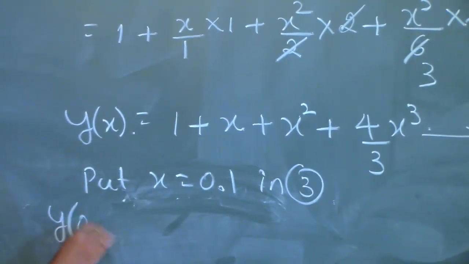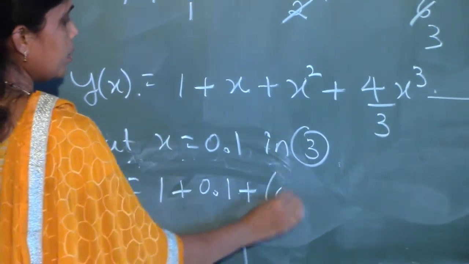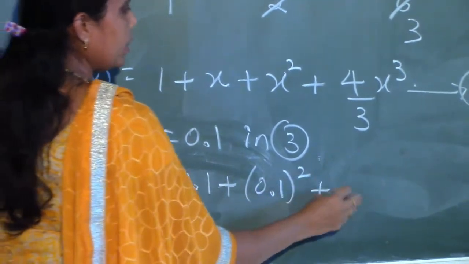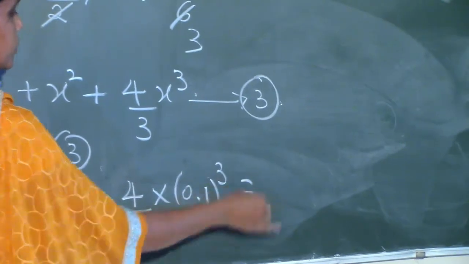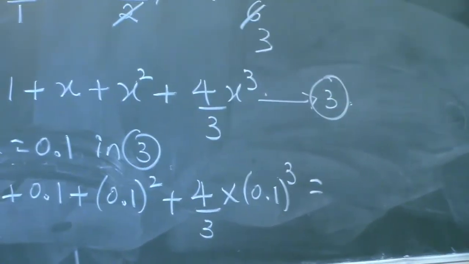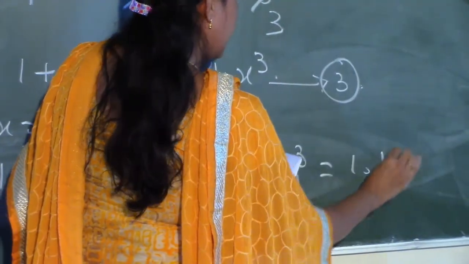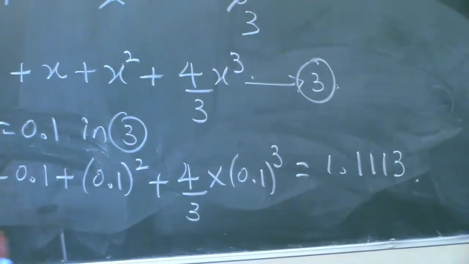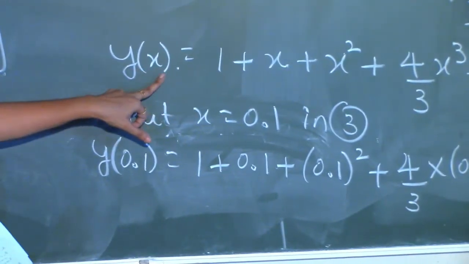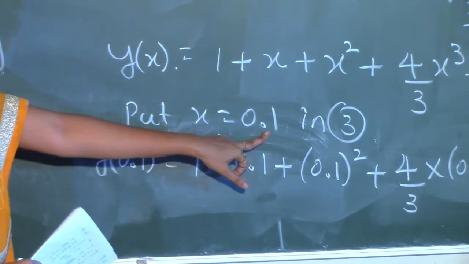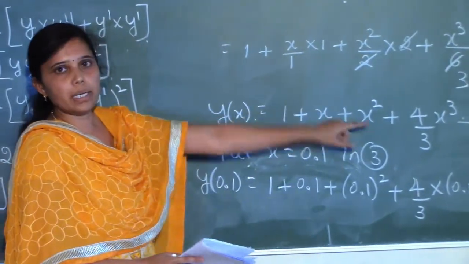That is y of 0.1 is equal to 1 plus 0.1 plus 0.1 whole square plus 4 by 3 into 0.1 whole cube. So after solving all these values, we will get 1.113. So this is the value of y of x at x is equal to 0.1. Next, we have to put x is equal to 0.2 in equation 3.